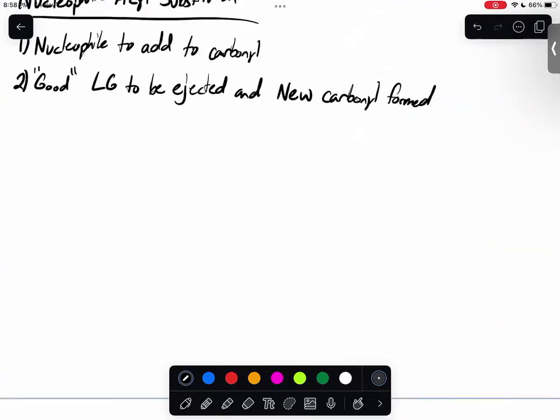We can do a general idea where we have some leaving group X plus some nucleophile with a negative charge, forming a carbonyl with some nucleophile attached with the ejection of X with a negative charge.